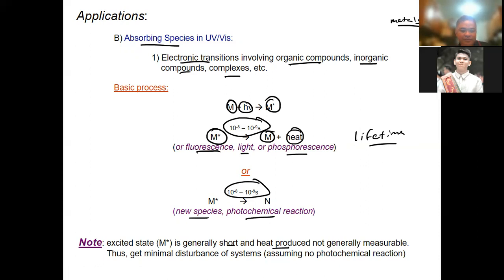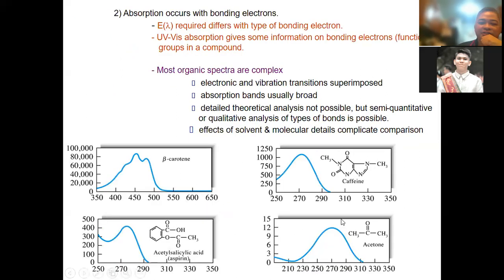But if you look at the absorbance that occurs with the bonding electrons, you could see that the wavelength required differs with the type of bonding electron. The UV-Vis absorbance gives some information on bonding electrons, which is the functional group in the compound. And this is applicable mostly for organic compounds.